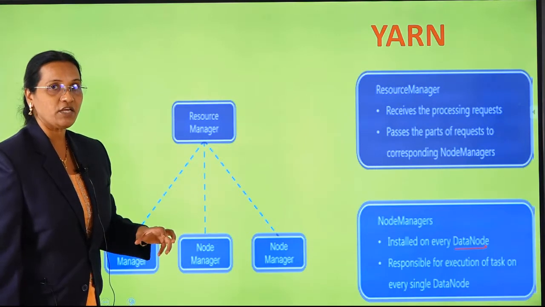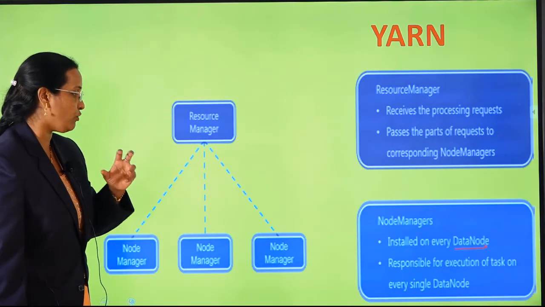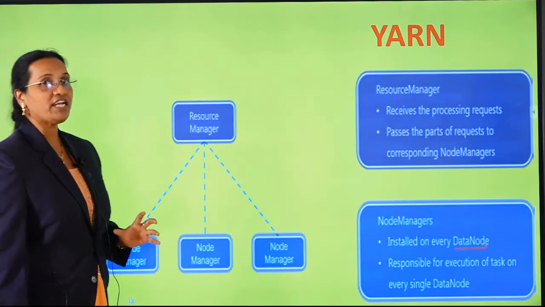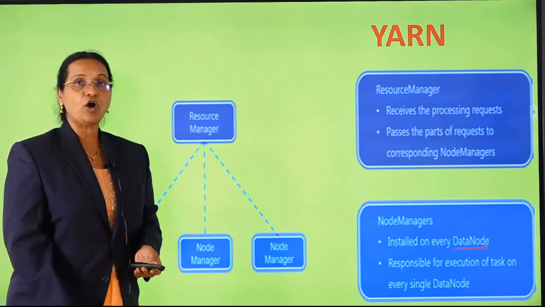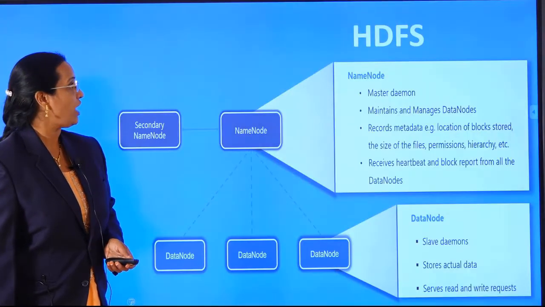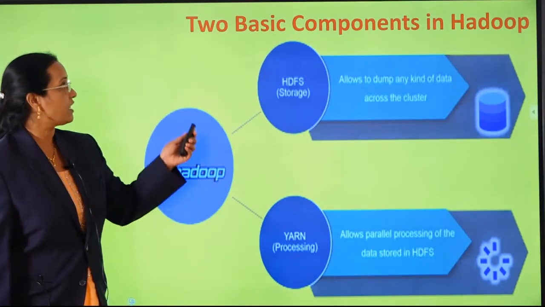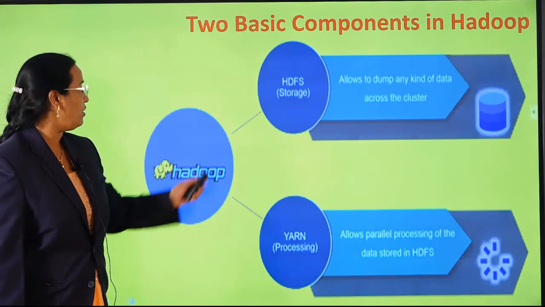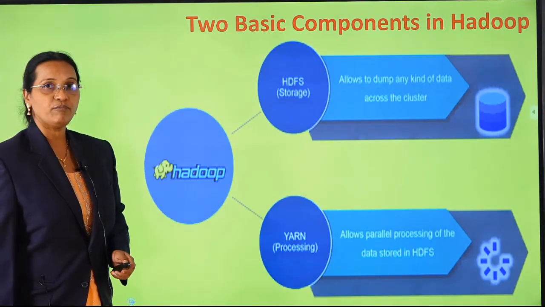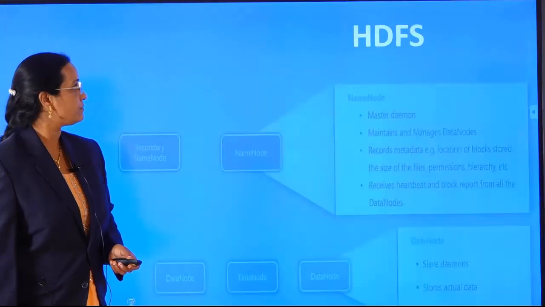Whatever job has been given, it executes the task on every single data node. In this fashion, the working of YARN and HDFS happens. As we have discussed, these are the two basic components in Hadoop: HDFS is responsible for storage and YARN for processing.